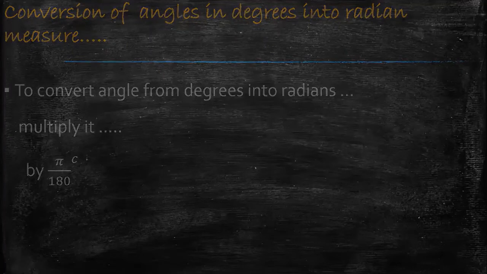Now let us work out some problems. Say we are asked to convert 20 degree into radians. We are given the angle in degrees, we should convert it into radians.